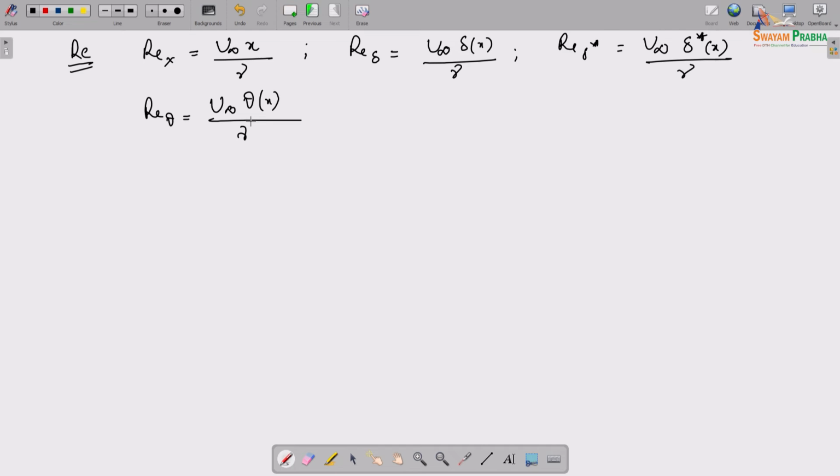So, as you can see the Re x, right, that will change as you increase the x.